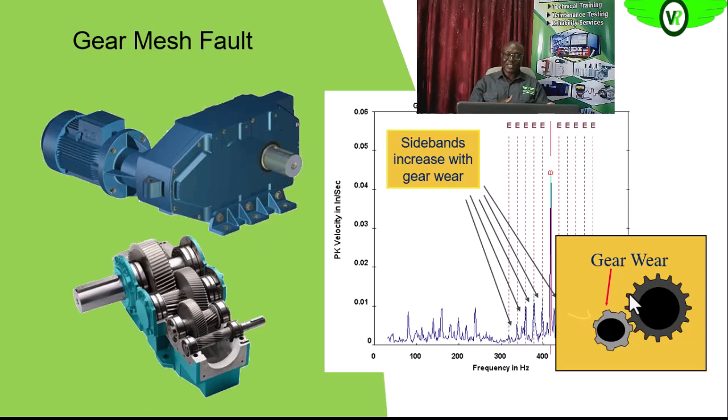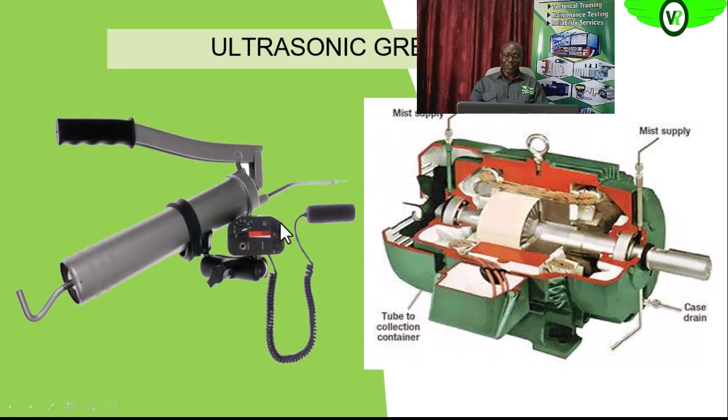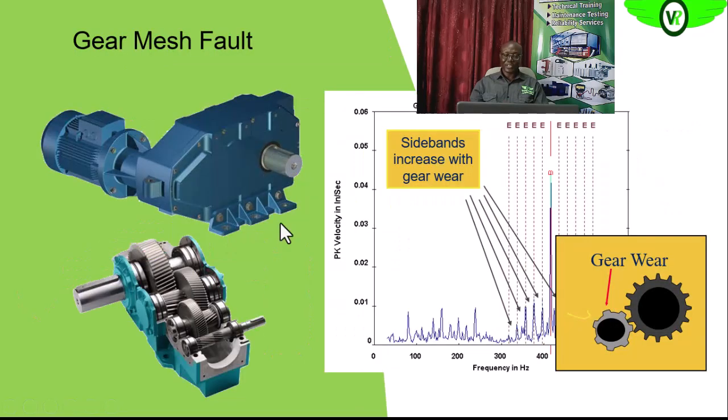So if one has 10 and the other has 5, the meshing frequency is 10 times 5, which is 50. So vibrations, you will see them around those 50 and above. So the vibration analysis will help us to pinpoint the cause of the increase in vibration.